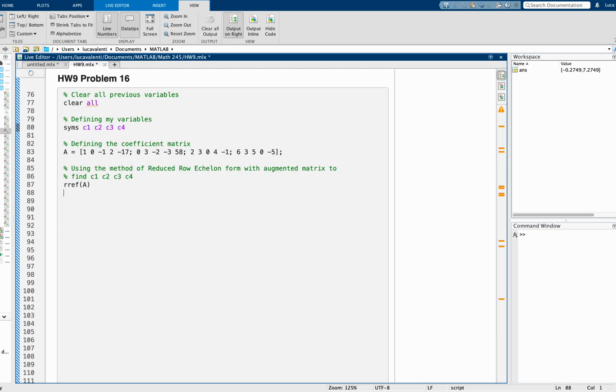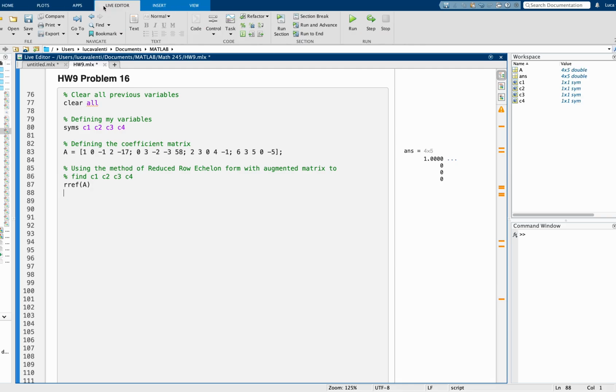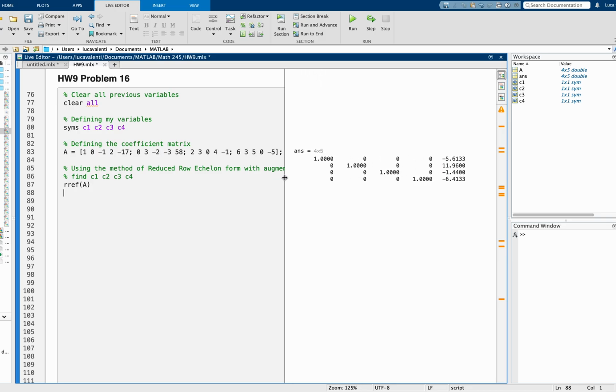Now we press enter, command enter, or you could alternatively press play here, and you get the following result.